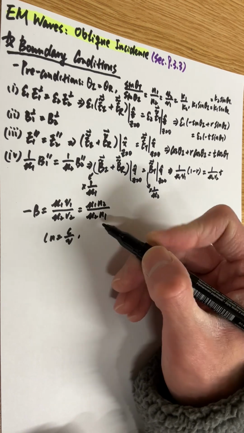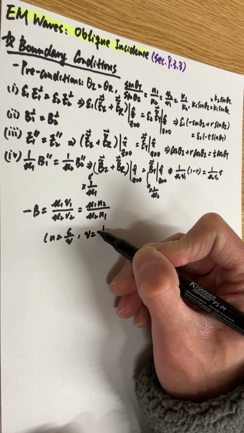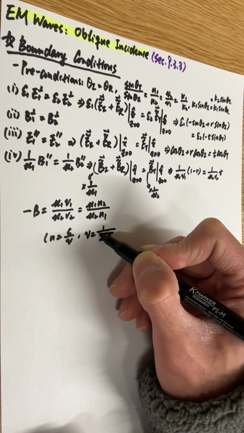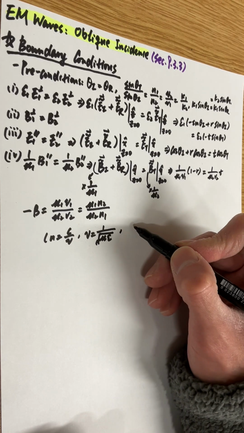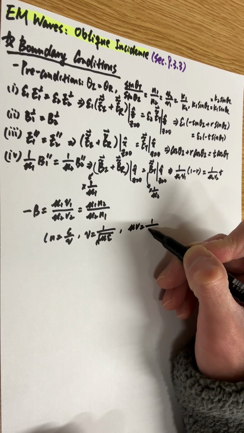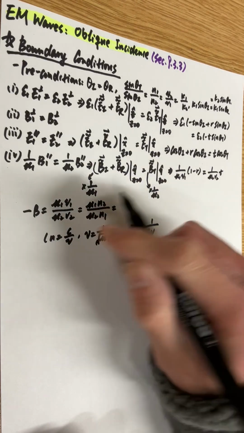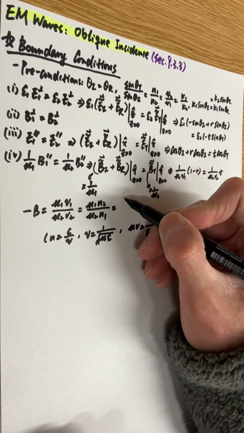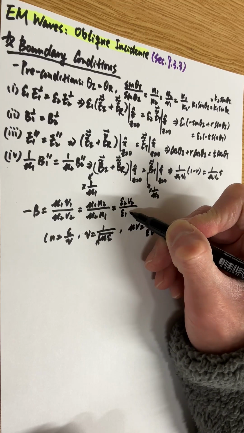And then also, because v equals 1 divided by the square root of mu epsilon, we have mu v equals 1 over epsilon v. So here we can also express this as epsilon 2 v2 divided by epsilon 1 v1.